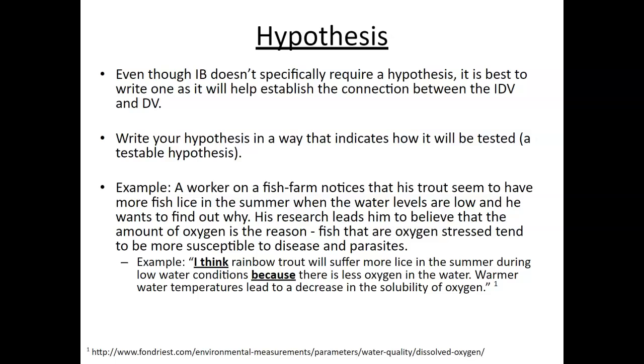So here's the hypothesis: I think rainbow trout will suffer more lice in the summer during low water conditions because there is less oxygen in the water. Warmer water temperatures lead to a decrease in the solubility of oxygen. So not only are they saying what they think will happen and why, but they're supporting it with science. So this is a well-written hypothesis. It doesn't have to be a long paragraph, right? Be concise.